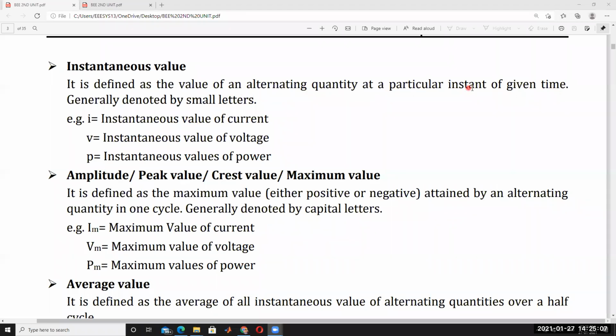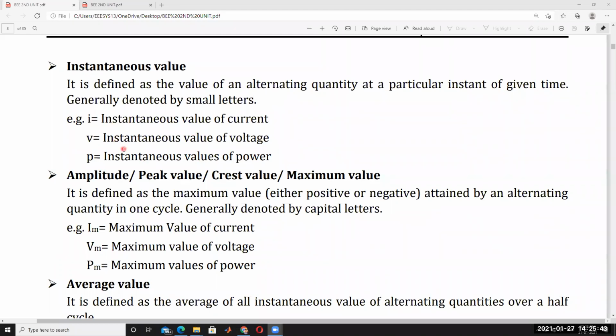For example, i is the instantaneous value of current, v the instantaneous value of voltage, and p the instantaneous value of power. So a particular instant of given time is called instantaneous.